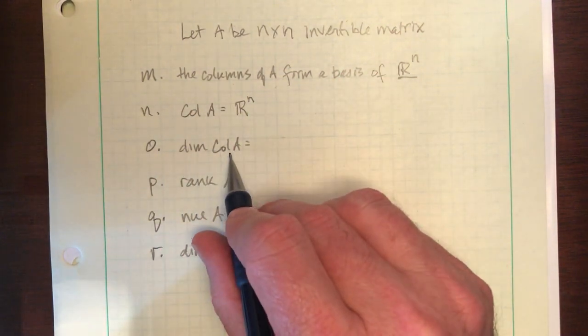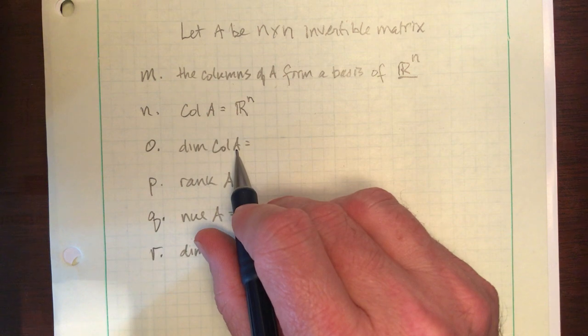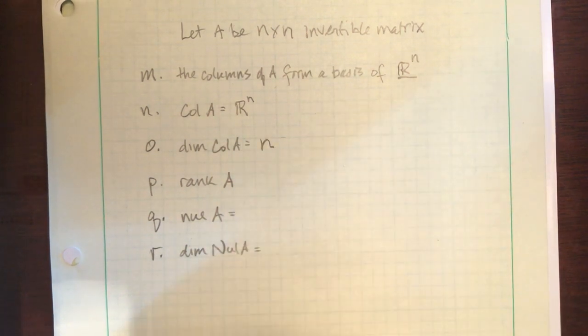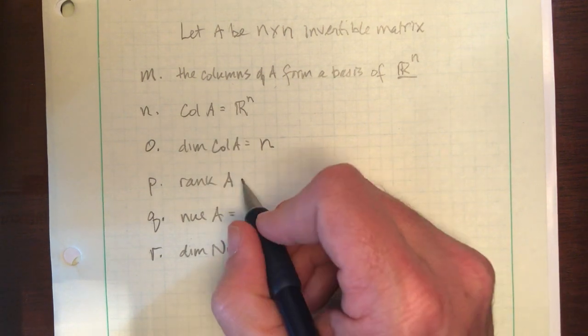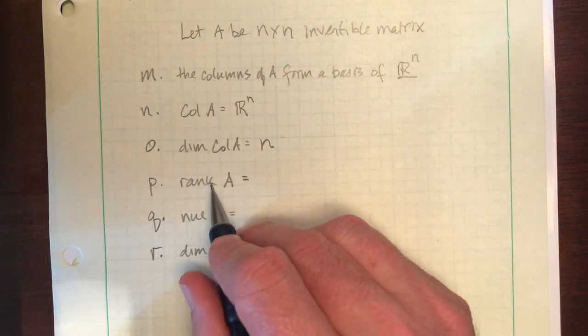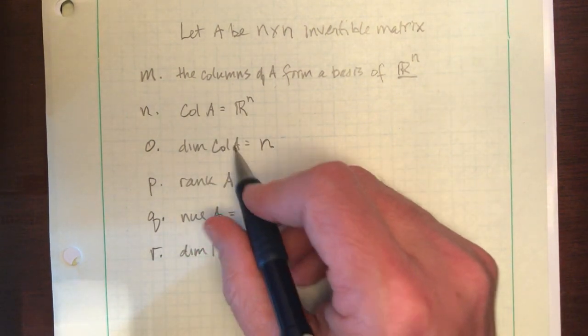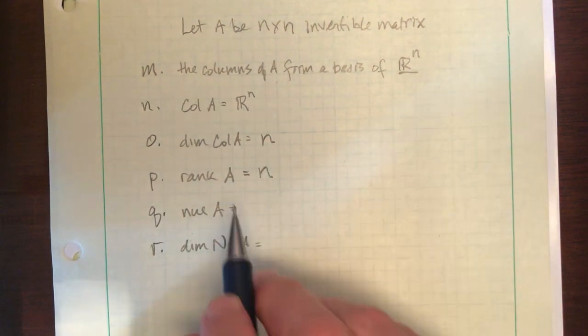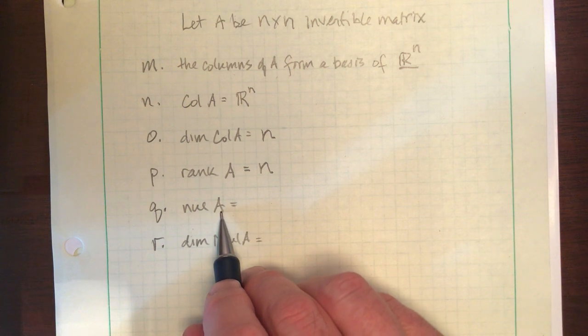What is the dimension of the column space? Well, it looks like every column has a pivot, so it looks like the dimension is all of n. Then what would be the rank of A? Well, the rank is the same as the dimension of the column space, so also n. What is the null space of A?